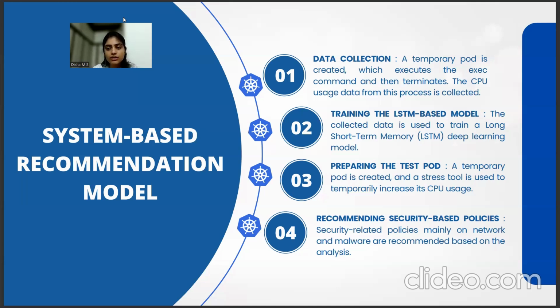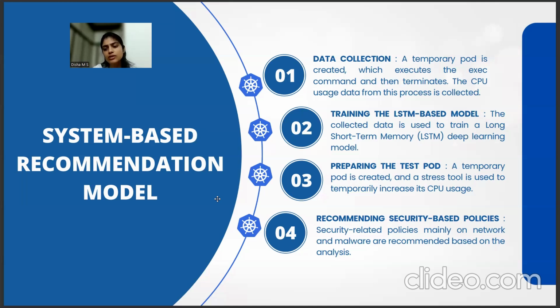To test the model, a temporary pod is created, and the stress tool is used to artificially increase CPU usage. This step is crucial for evaluating the model's ability to detect anomalies and recommend appropriate policies. The results of this test help refine the model and improve its security and accuracy. Recommending security based policies. Based on this analysis, the system recommends security related policies.